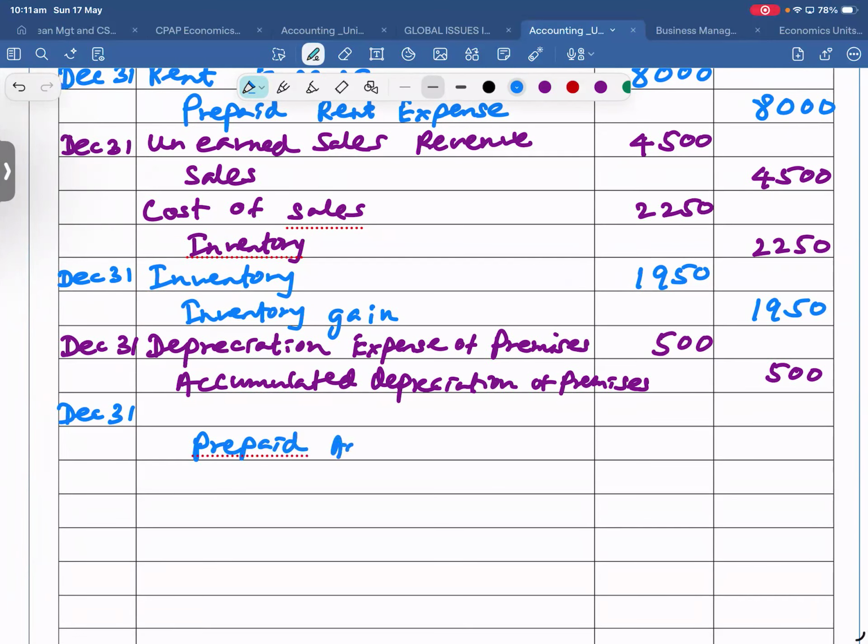Where do you debit? Advertising expense. Yes, you debit.